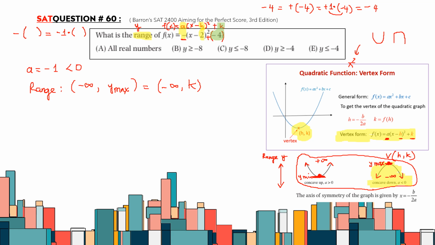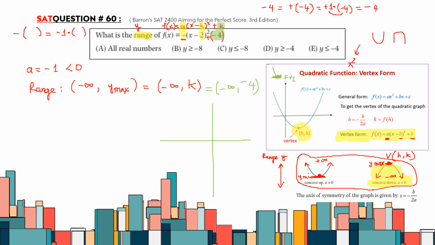So let's write down here: negative infinity to -4. And don't get confused by the information I give in the bubble box right here. It's just information, it's not the graph in our question. The graph should look something like this.